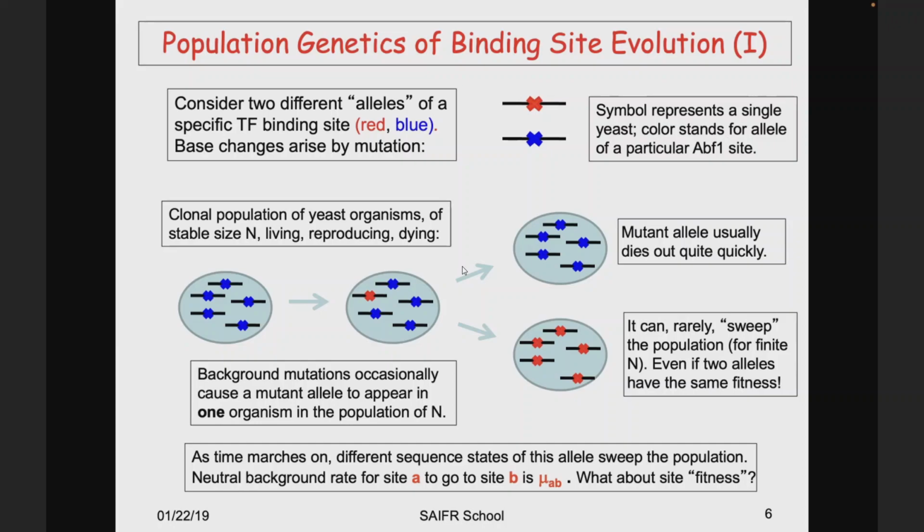But if it does have a selective advantage, it will obviously have a better chance of sweeping the population. All right, so we want to combine this. There is a certain amount of mathematical theory of this sweeping phenomenon and how it depends upon the fitness advantage or the growth rate advantage that the mutation might confer. And you also have some knowledge of the rate at which random mutations occur, okay? So how do you get that?